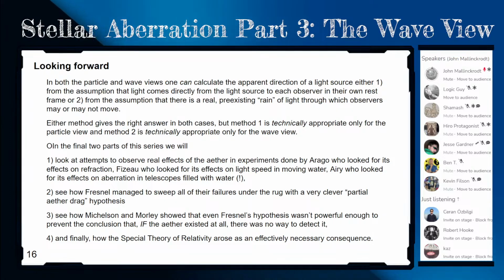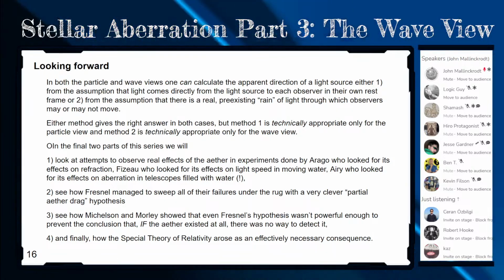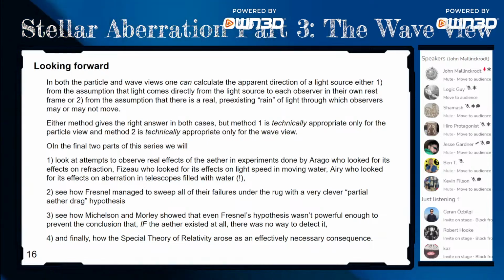He actually filled telescopes with water and maybe mineral oil, I'm not sure, and tried to see if the aberration changed when he changed the speed of light in the telescope itself. Then we'll see how Fresnel managed to sweep all of their failures. All of those attempts to see the effects failed.